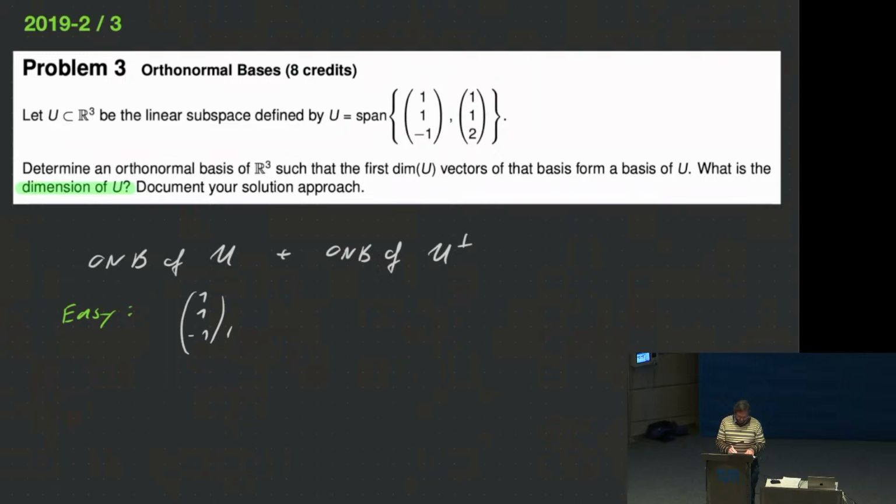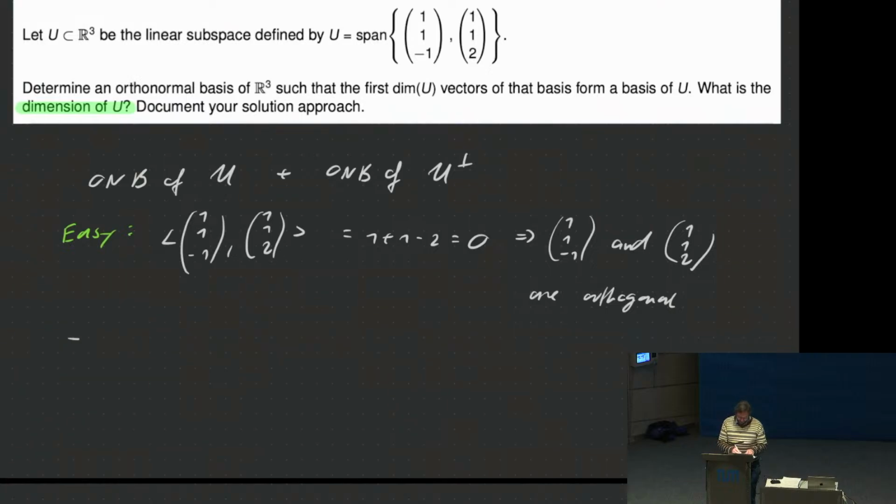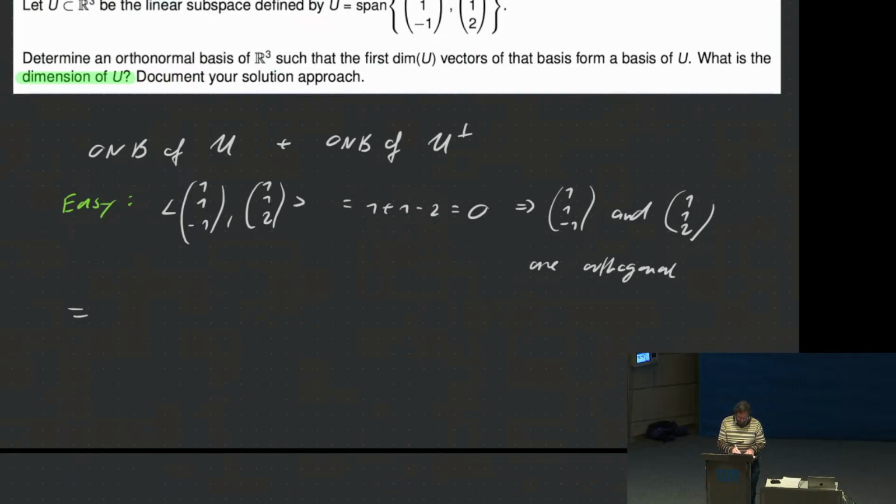Just state that the scalar product of those two vectors is 1 plus 1 minus 2, that is 0. So those are orthogonal. And that means I can easily get the desired orthonormal basis of U by just normalizing.